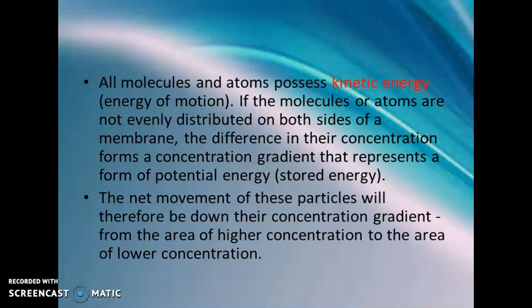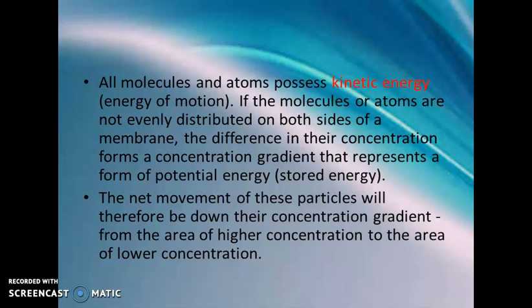All the molecules and atoms possess kinetic energy, the energy which is required for motion. If the molecules or atoms are not evenly distributed on both sides of the membrane, if they are not equally distributed inside the bacterial cell as well as outside, there will be a difference in their concentration.